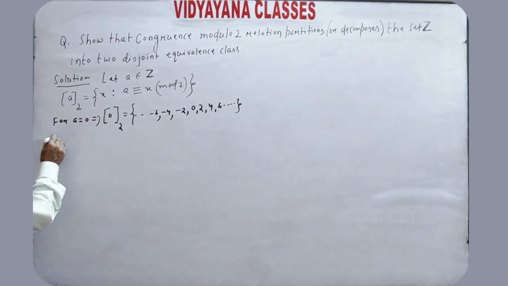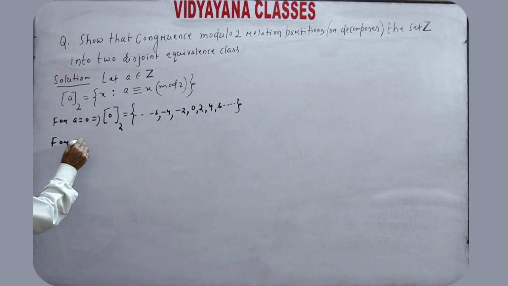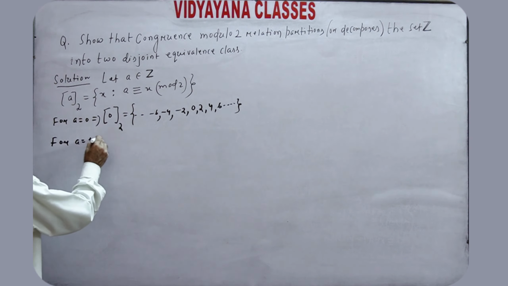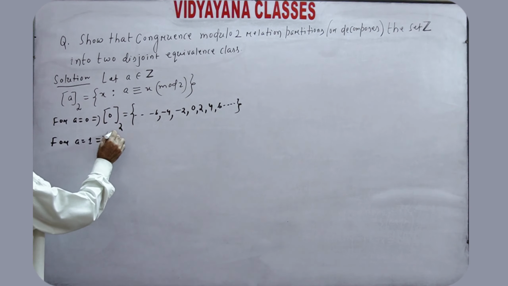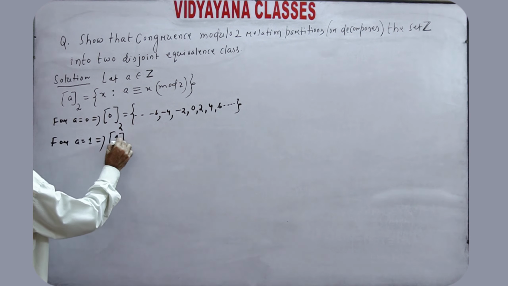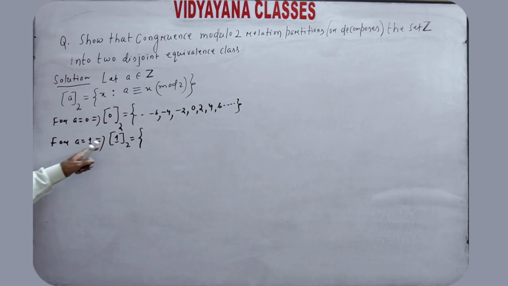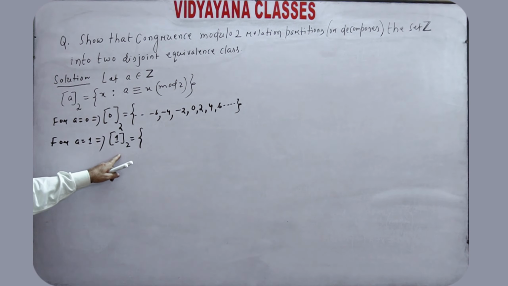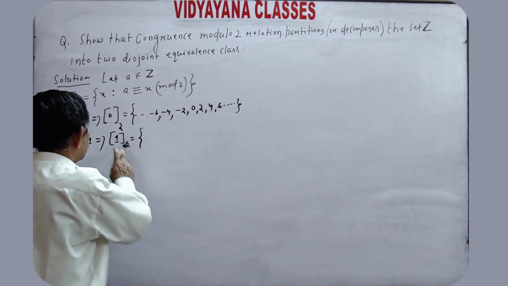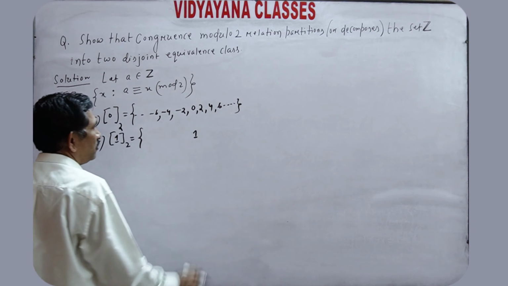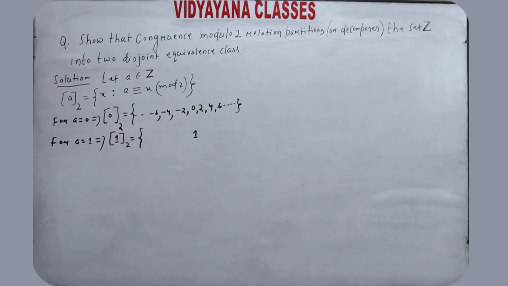For a equal to 1, the equivalence class of 1 modulo 2. Here a is equal to 1. The values of x are: 1 minus 1 is 0, divisible by 2.